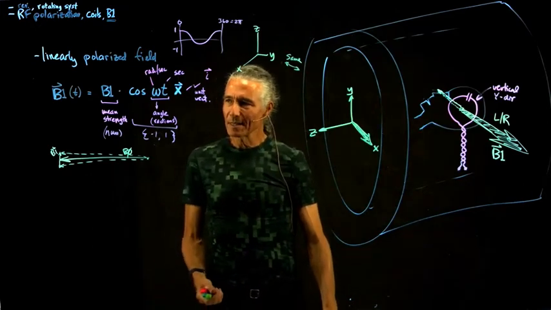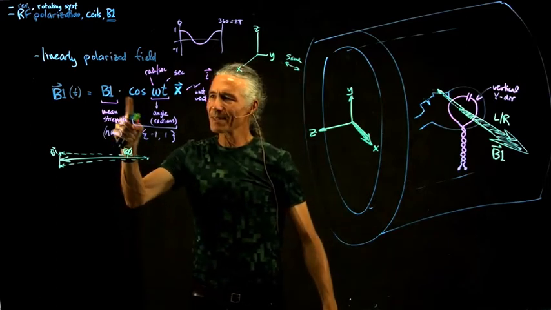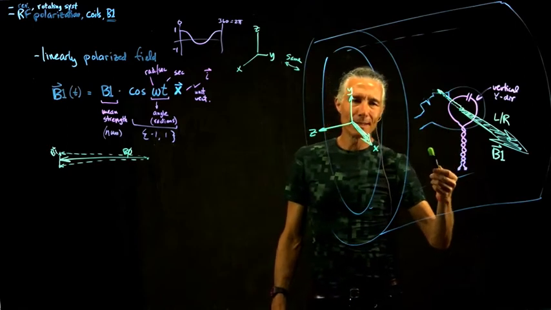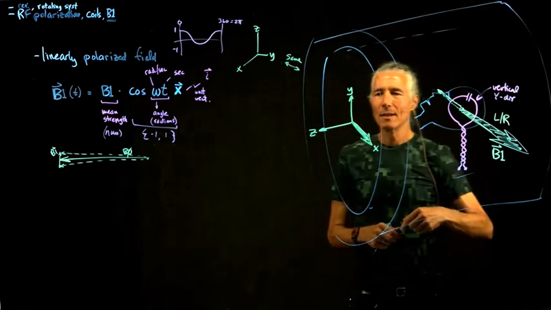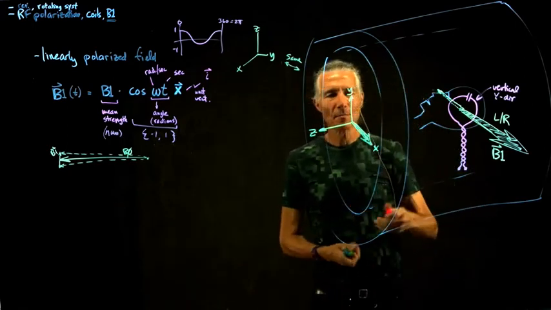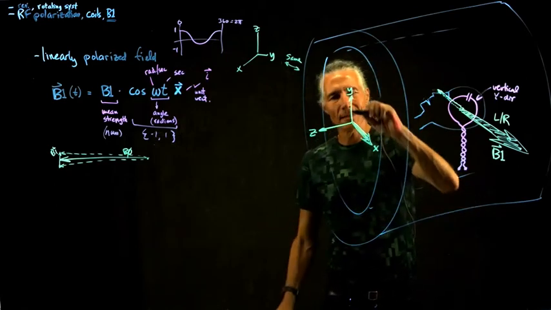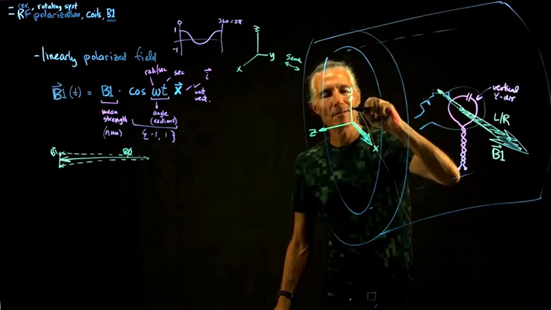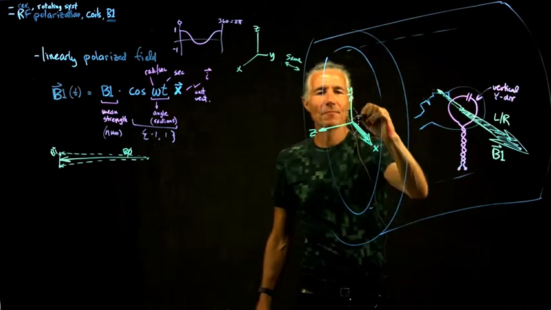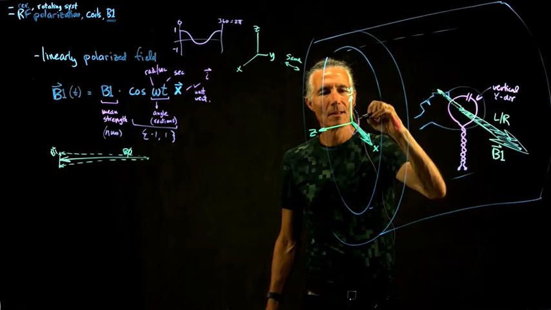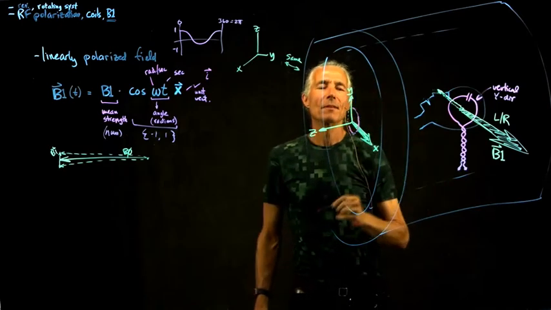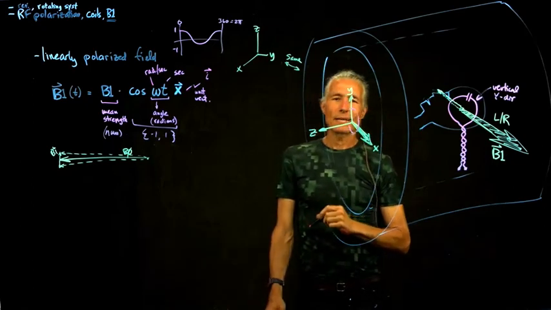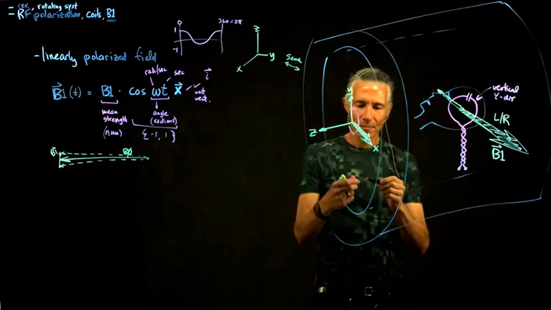Now, when you think about this, how does this work? Because there are precessing protons in there. So what are the protons doing? Well, they're precessing around the xy axis, going around that axis perpendicular to the z.